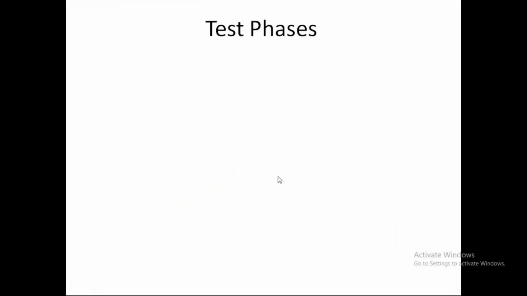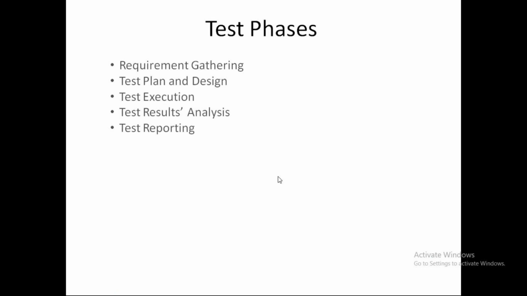That is the different test phases in performance testing, guys. The different test phases in performance testing are requirement gathering, test plan and design, test execution, test results analysis, and test reporting. So the first phase is the requirement gathering phase.